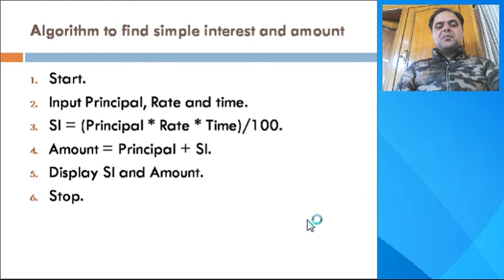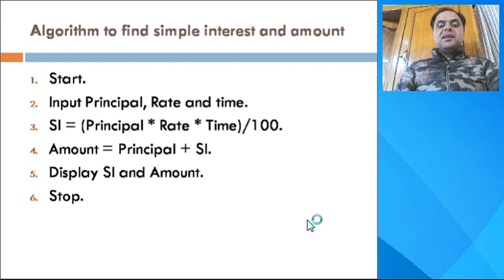Some examples of algorithms are here. For example, we have to find simple interest and amount for some money. As you have read in your mathematics classes, simple interest is equal to principal times rate times time divided by 100, and amount is equal to principal plus simple interest. The first step is start, then we input principal, rate and time.